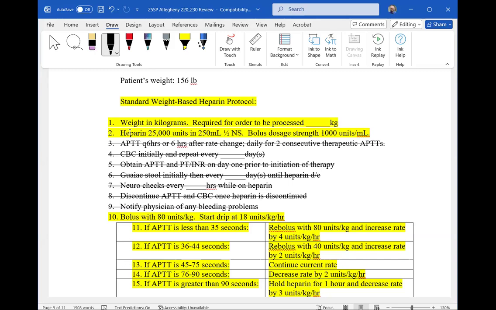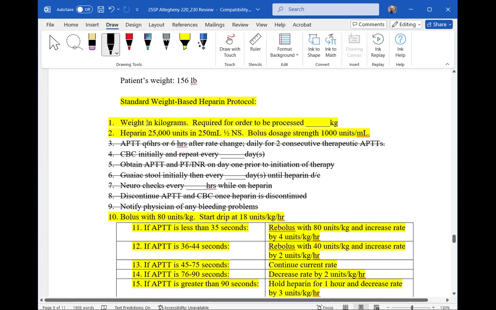Obviously, you don't want them to clot prematurely because then that clot could travel somewhere like their heart or their lungs or their kidney, and they could die. You also don't want to give them too much heparin, and then it causes them to hemorrhage and bleed out, and then they can die. And so you want to make sure you are staying within the guidelines, and the patient's weight helps to assist with that process. And then there's reassessments, as you're going to see here later on as I tackle this.